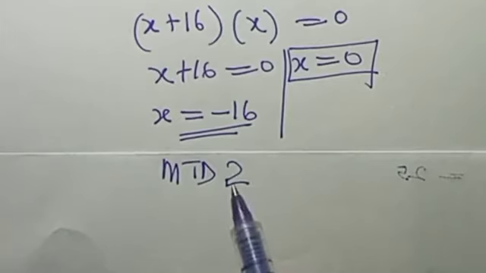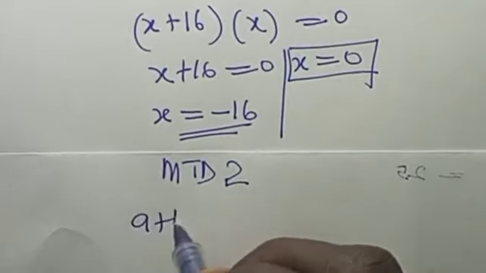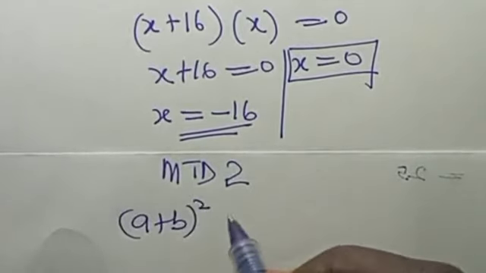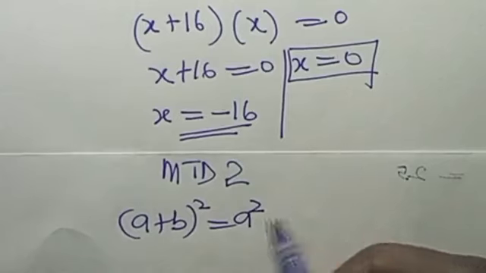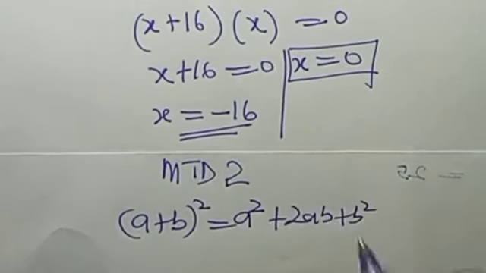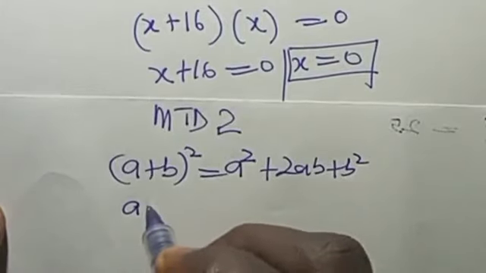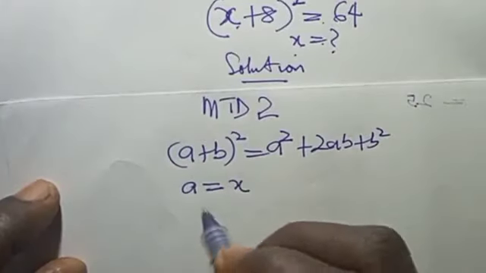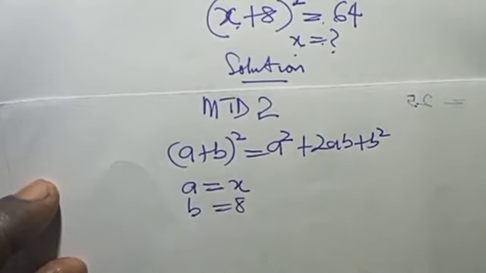So in the second method, we will apply an algebraic rule that says (a + b)^2 is equal to a^2 + 2ab + b^2. And our a is x, our b is 8.